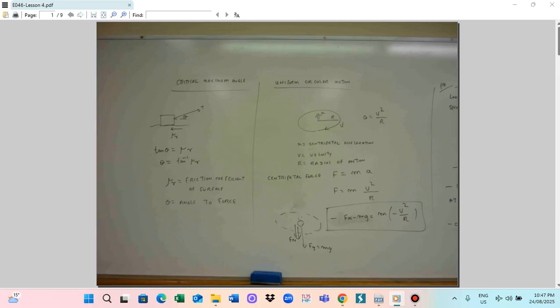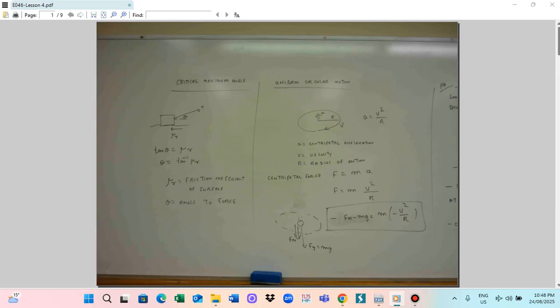In this case, force is equal to mass multiplied by v squared divided by r. And the centripetal acceleration is a equals v squared by r, where v is the velocity and r is the radius of the motion.